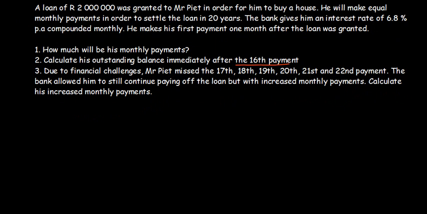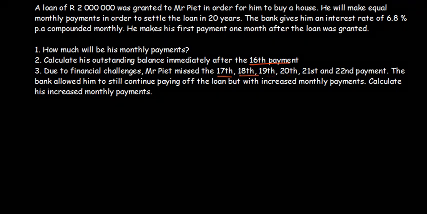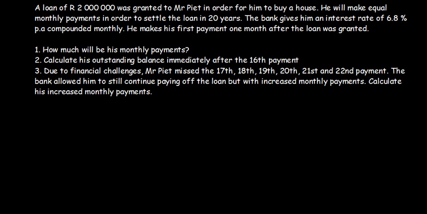I could say he faced challenges on the 18th, 19th, 20th, and that's when he missed, but it would just be a daunting question, meaning a lot of unnecessary calculations. So the examiners usually make it easy for us by saying, if you have calculated the outstanding balance after the 16th payment, he then missed the 17th, 18th, 19th, 20th, and so on, to make the calculations easy.